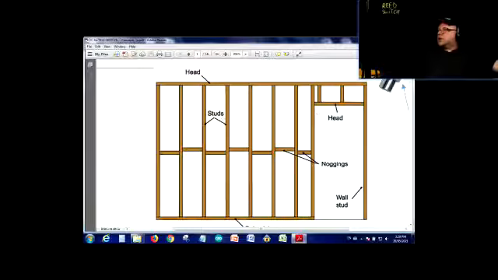All right, so the studs would be going from top to bottom, and this would be something called nudgings. The purpose of the nudgings is just to keep the structure solid, all right?